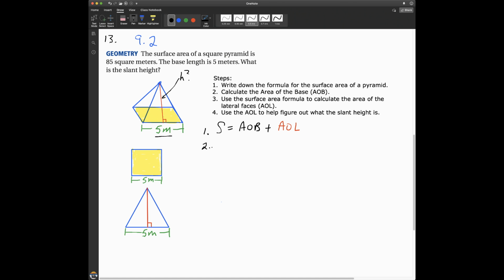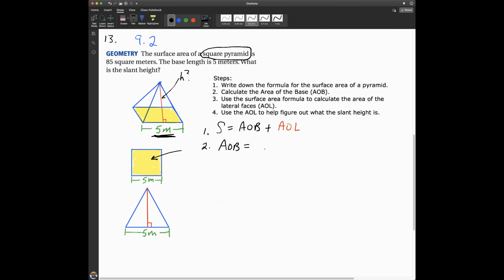So can we calculate the area of the base? Well, we can, because we know what the base length is. We also know that this is a square pyramid. So the area of the base is just the area of this square.